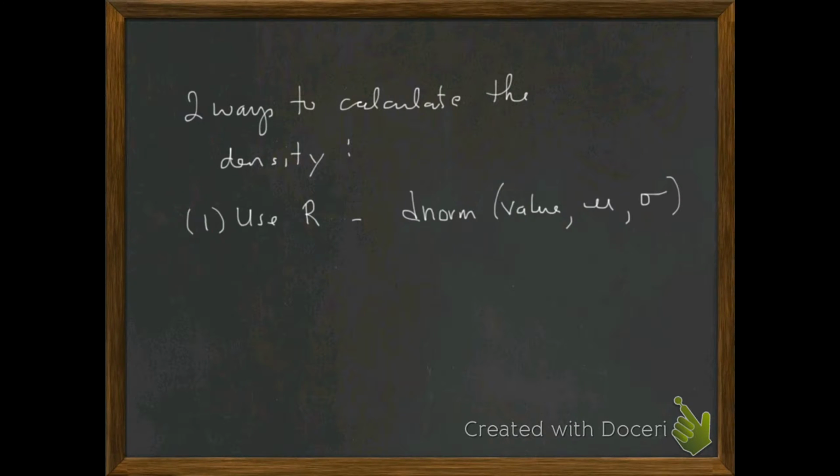The first thing we put in is the value at which we want to calculate the density, and then we put in the mean and the standard deviation of the distribution. Obviously, norm implies that we have a normal distribution. The second way is we know that we can find the density in a normal distribution simply by looking at the model.